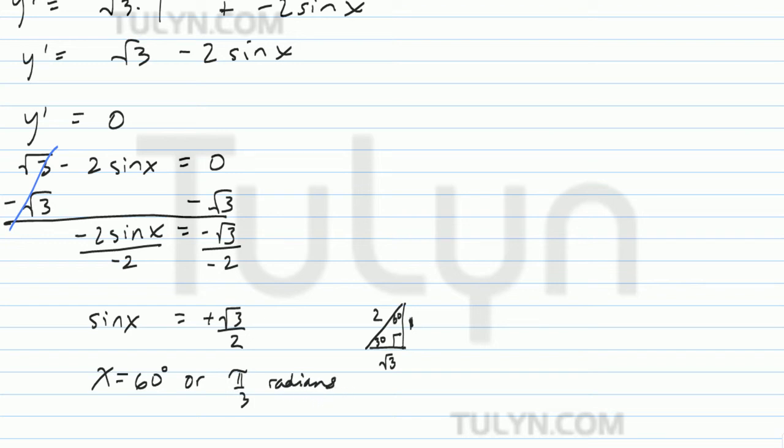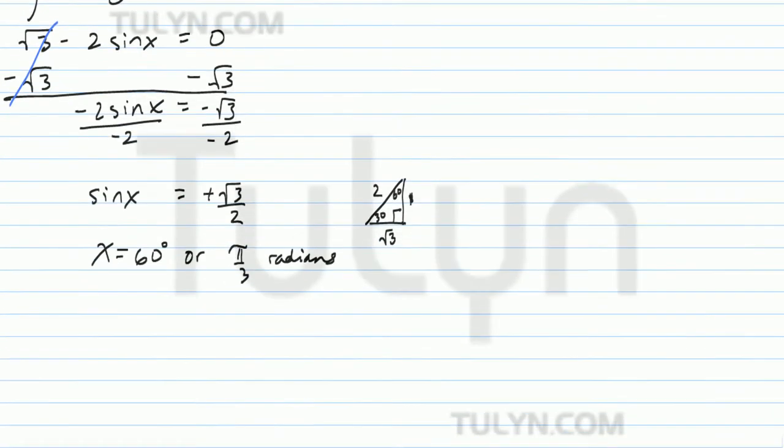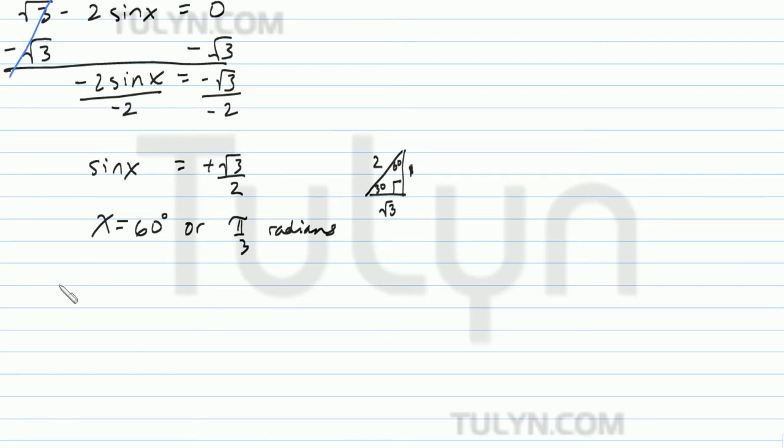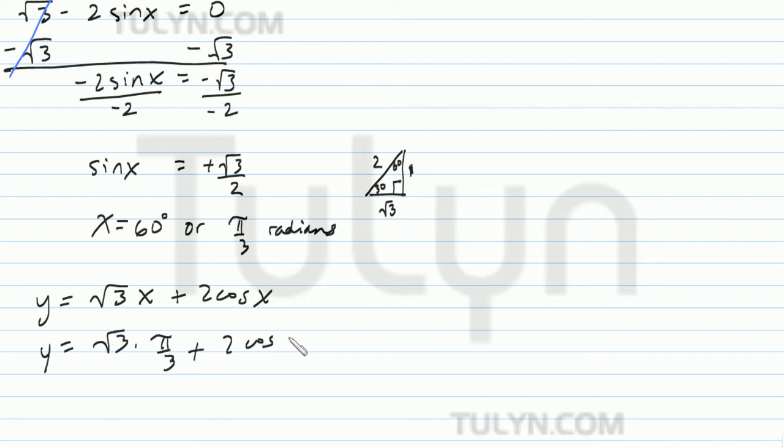So go ahead and plug into your equation to get y, because you need to find the point, not just the x value. So y equals radical 3 times x plus 2 cosine x. I'm just going to go ahead and use pi over 3.